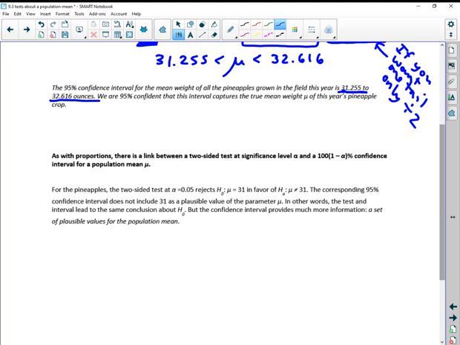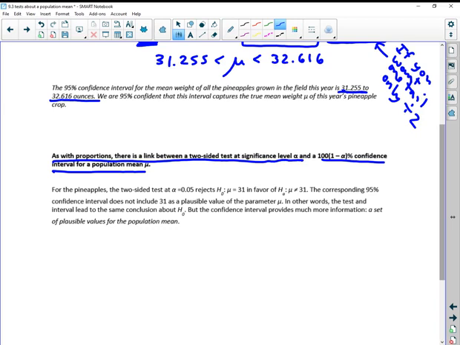But there's a very good relationship between the confidence interval and the test. As with proportions, there's a link between this two-sided test at a significance level alpha and our confidence interval based on that same alpha, on that confidence level for the population.